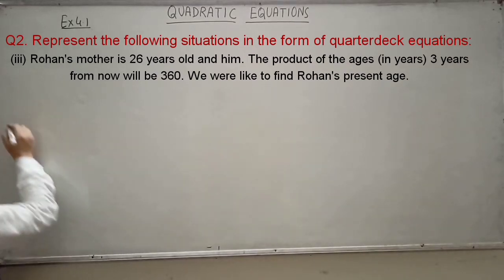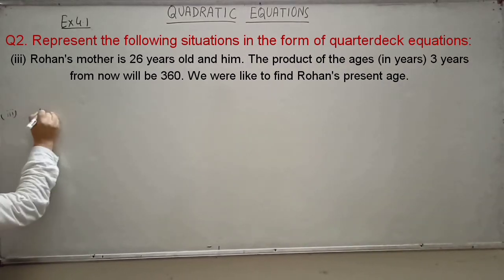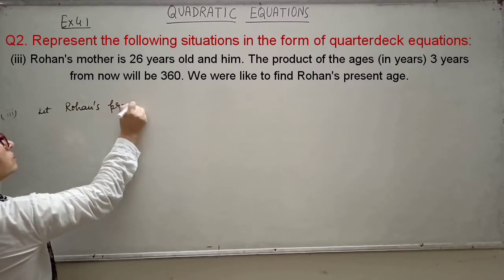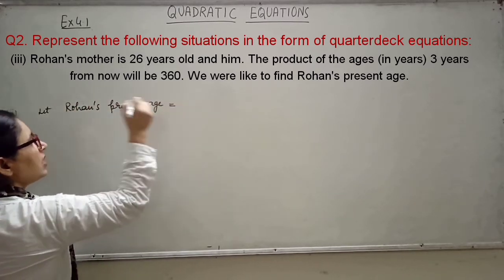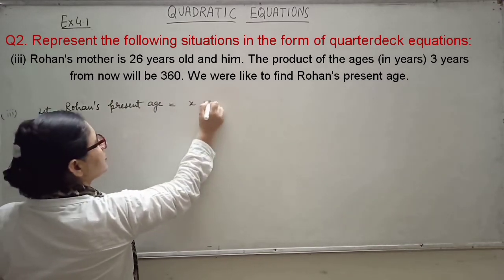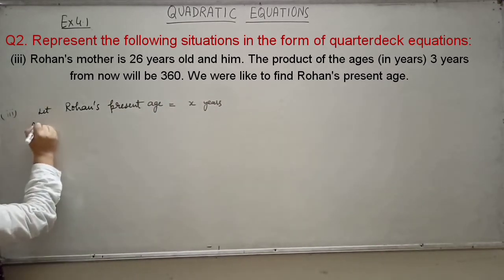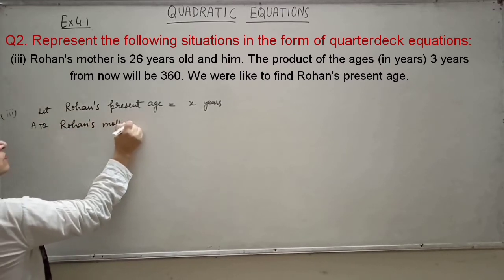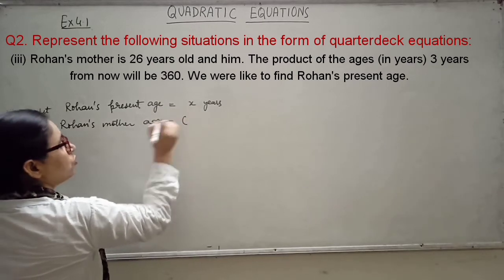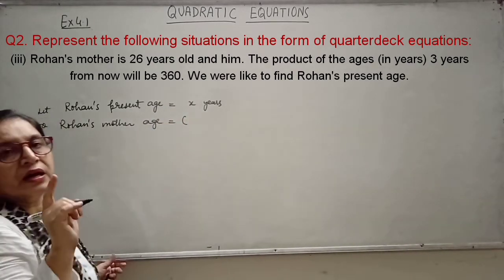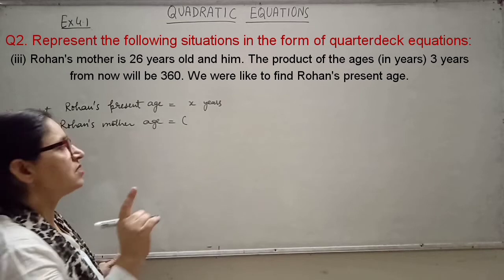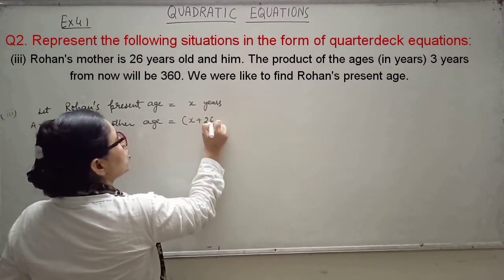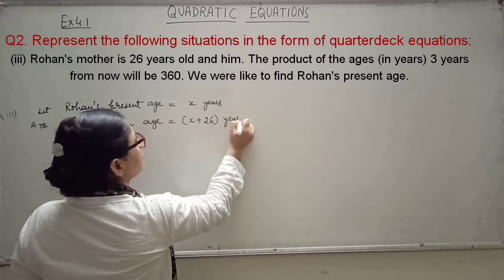So we consider this third part. Let Rohan's present age, that is, we let it x years. Then according to question, Rohan's mother's age is equal to, as it is given that his mother is 26 years older than him, so x plus 26 years.